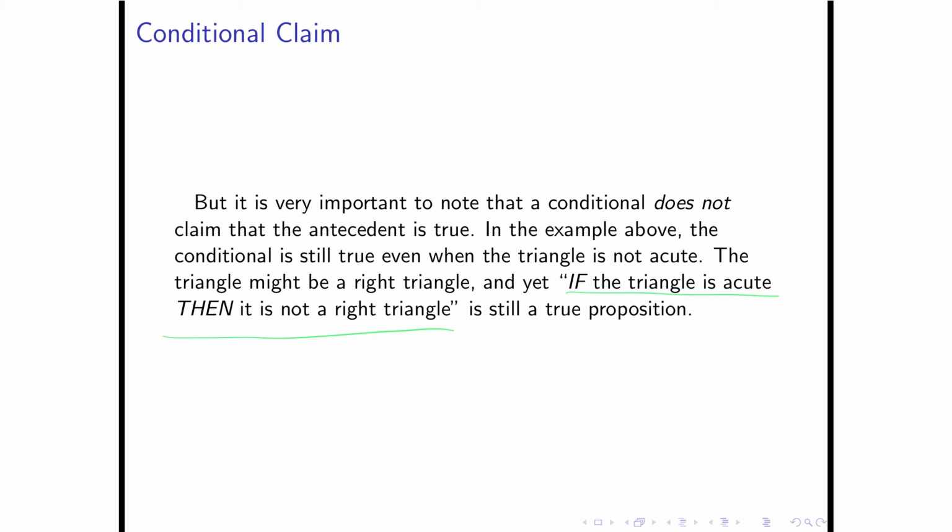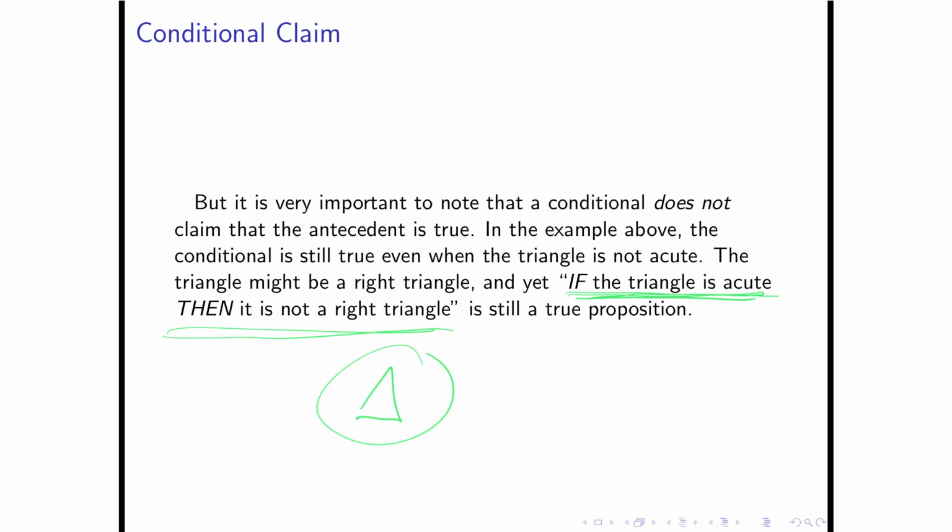That's kind of getting at the fact that the conditional sentence does not claim that the triangle is acute. It just says if it is acute, then it is not a right triangle, right? So if you give me an acute triangle like that right there, then the claim applies to it, and we claim that it is not a right triangle, which is true.